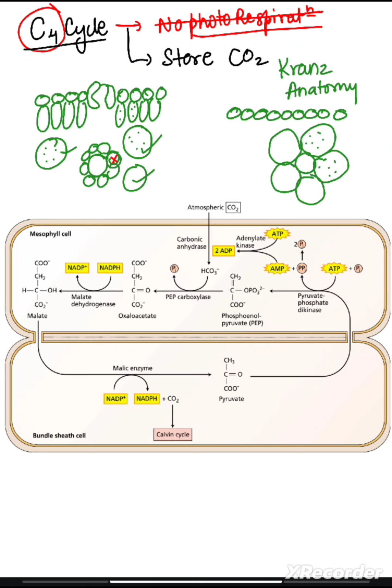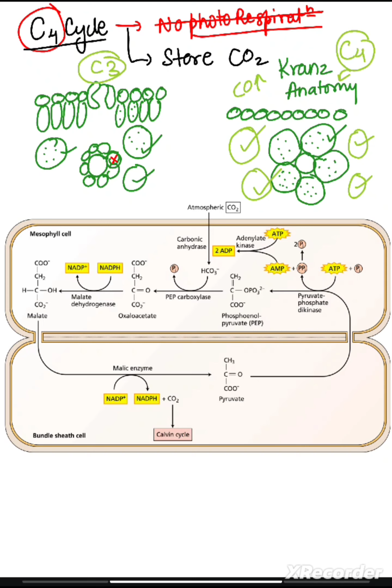Here they didn't have any chloroplast, right? They were not able to undergo photosynthesis, but these bundle sheath cells have chloroplast, and they can perform photosynthesis. In addition to this, they also have spongy mesophyll cells, which can also perform photosynthesis. Basically, this enables the plants to store more carbon dioxide as compared to the C3 plant. So this is a C4 plant, and it's showing Kranz anatomy.